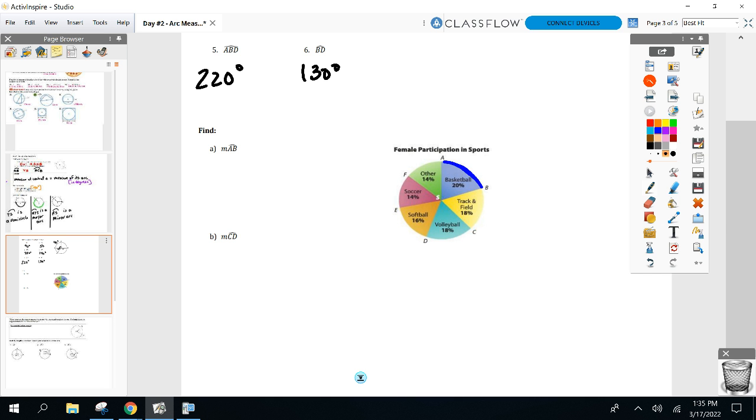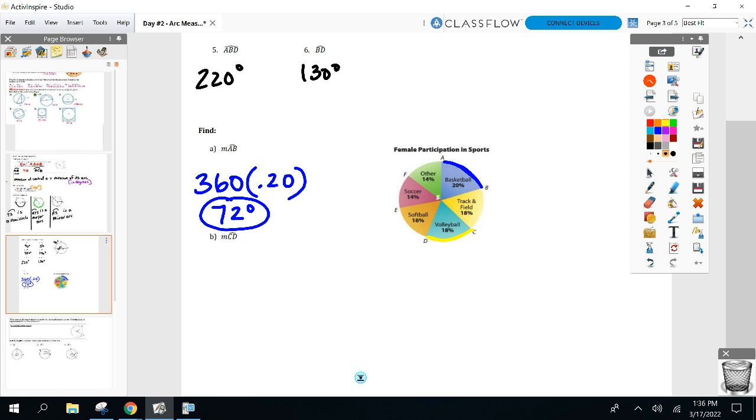How do you find 20% of 360? 360 times 0.2, 2/10, however you're doing it. I obviously don't want to go 360 times 20 because that'd be a bigger number than 360. So that arc will measure 72 degrees. And now let's do it for arc CD.